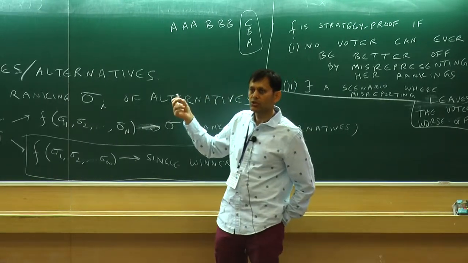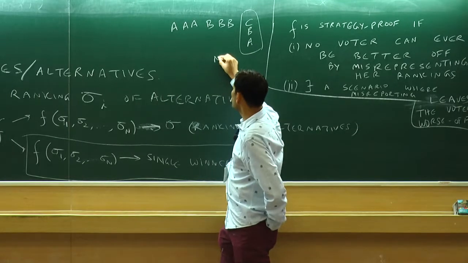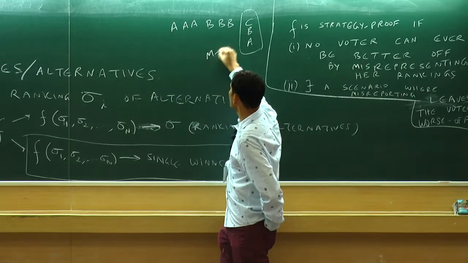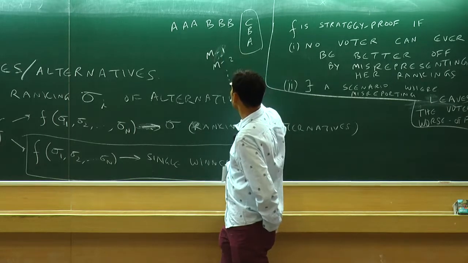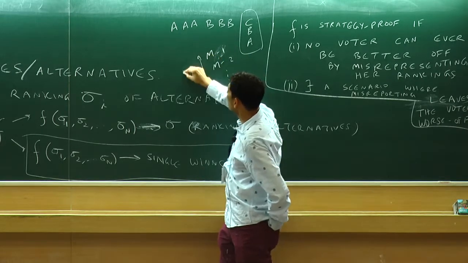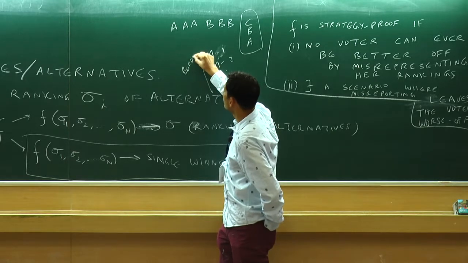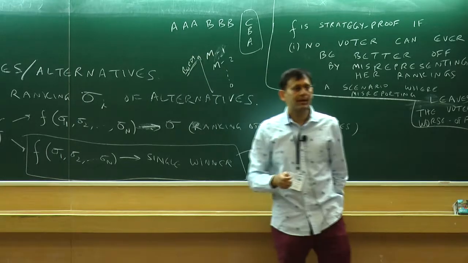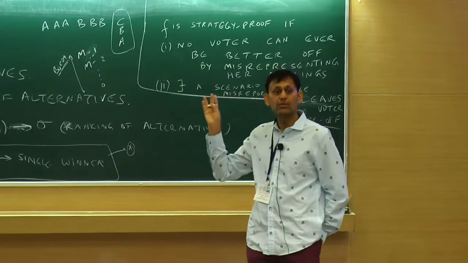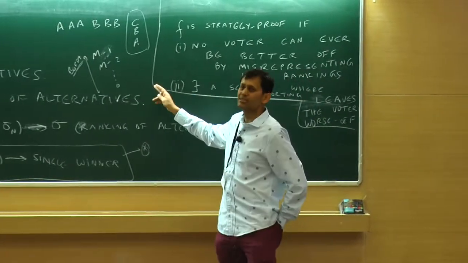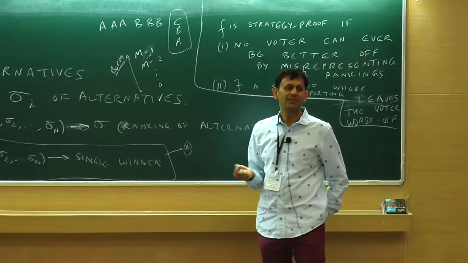If you assign weights m minus 1, m minus 2, down to 0, this is called the Borda scoring rule. It's equivalent to measuring, for every candidate, how many candidates it beats in every election. And it's not strategy proof.